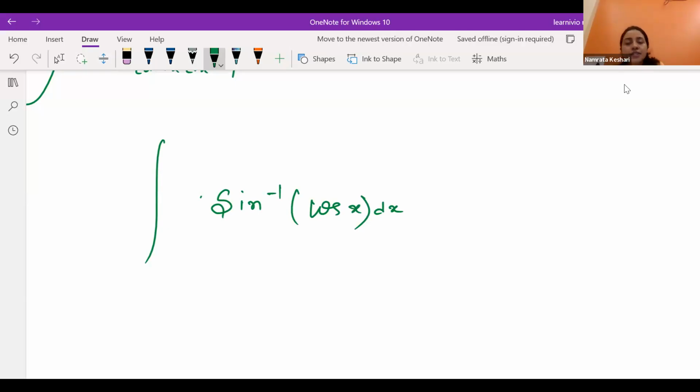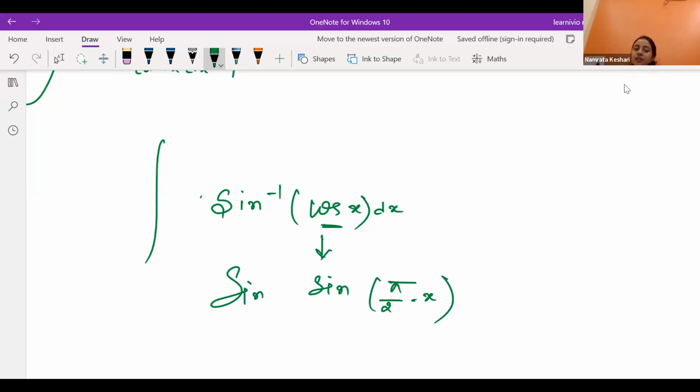If sine inverse of sine will be there, if this question will be from inverse trigonometric function, then you must be thinking that sine inverse sine will be there, then it will be great, right? Yes. Can we make cos as a sine? Sine pi by 2 minus x. Okay, sine pi by 2 minus x, and we are done.